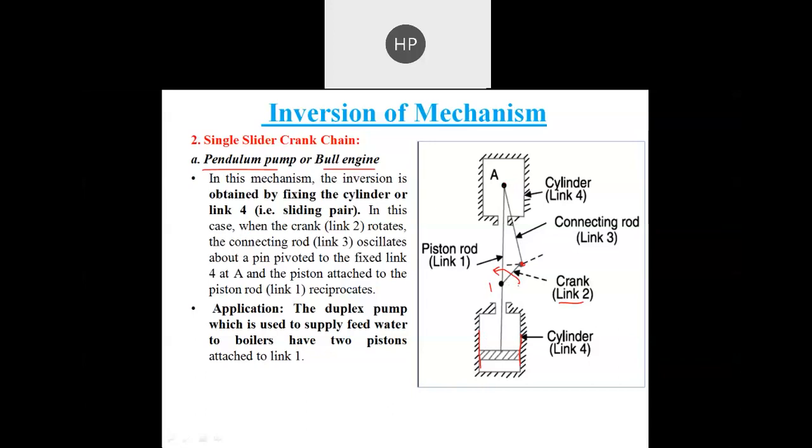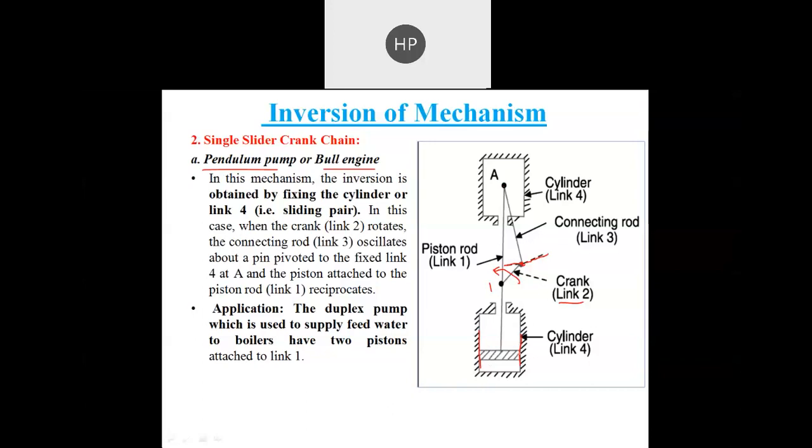Now, as we know, as we rotate this crank 2, this connecting rod will reciprocate up to here and up to here, and based on that the link 3 will oscillate up and down, and according to that the piston will move in the cylinder, and that is how this pump will operate.